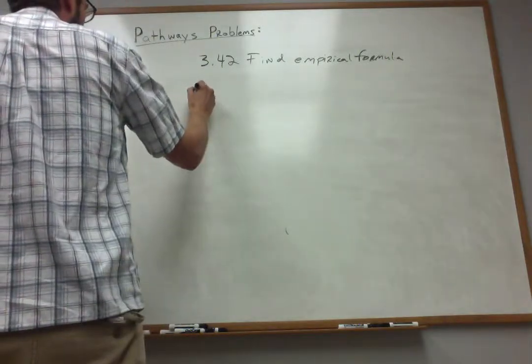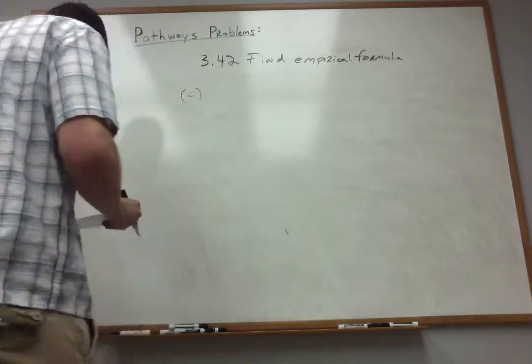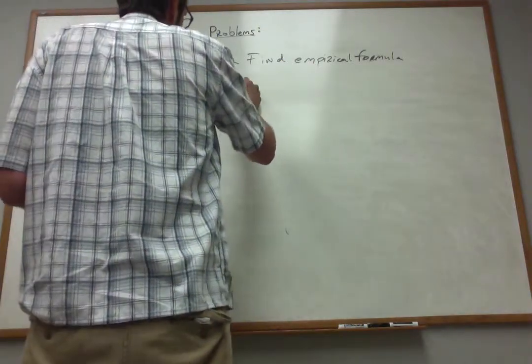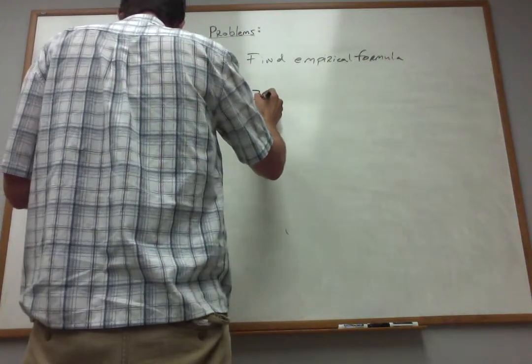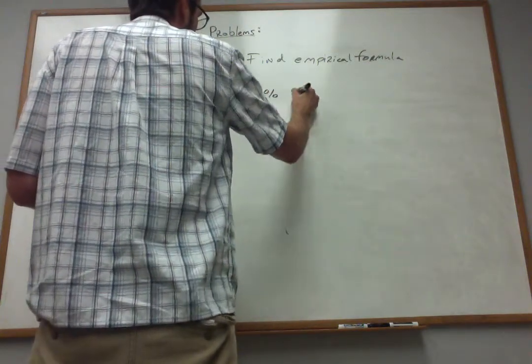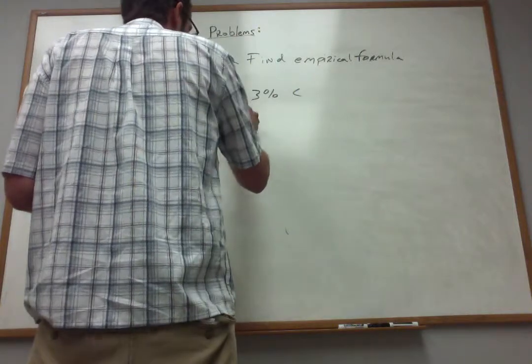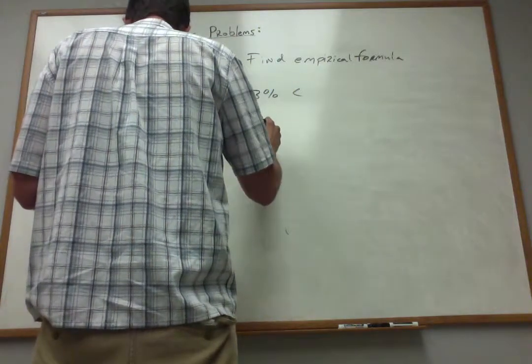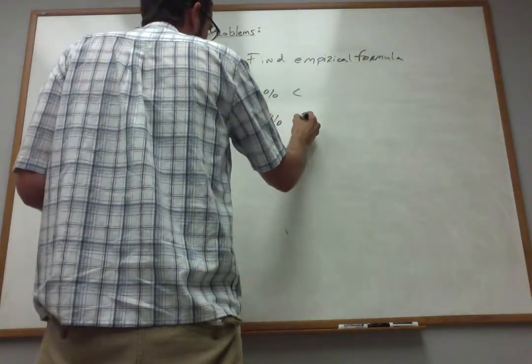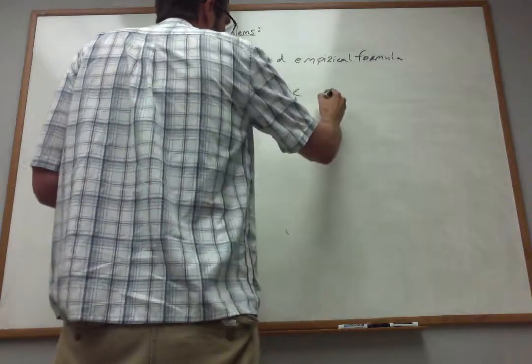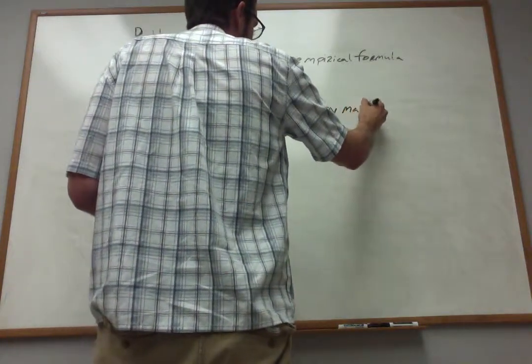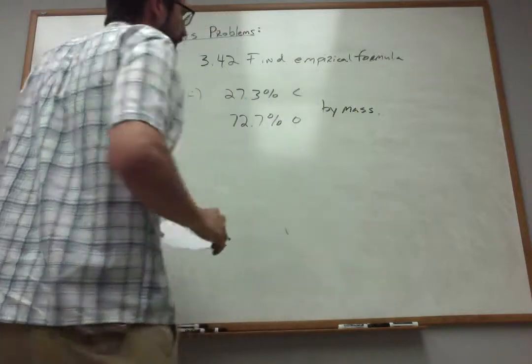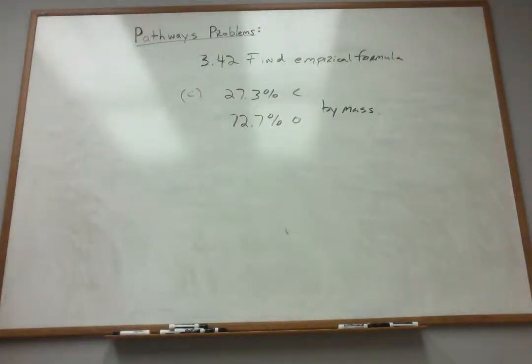Let's talk part C. In part C, I'm told that a compound is 27.3% carbon by mass and 72.7% oxygen by mass. And I'm asked, what in the world is the empirical formula?